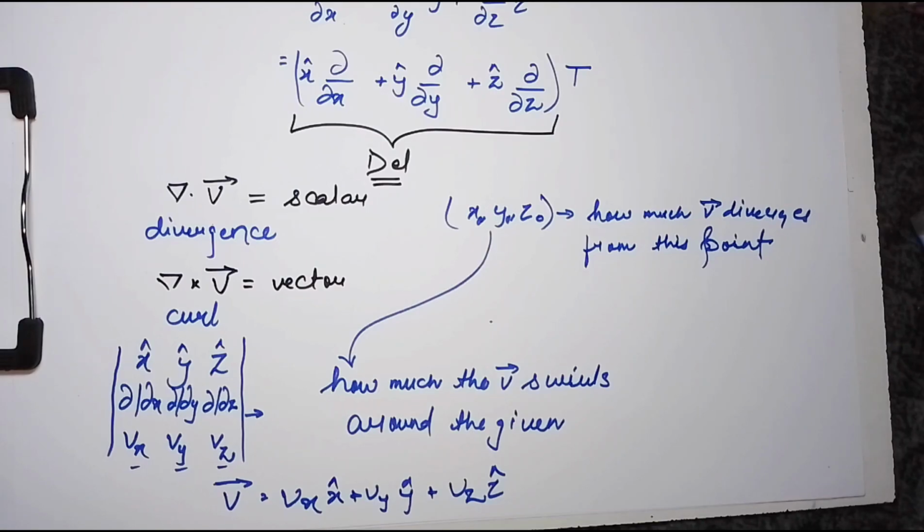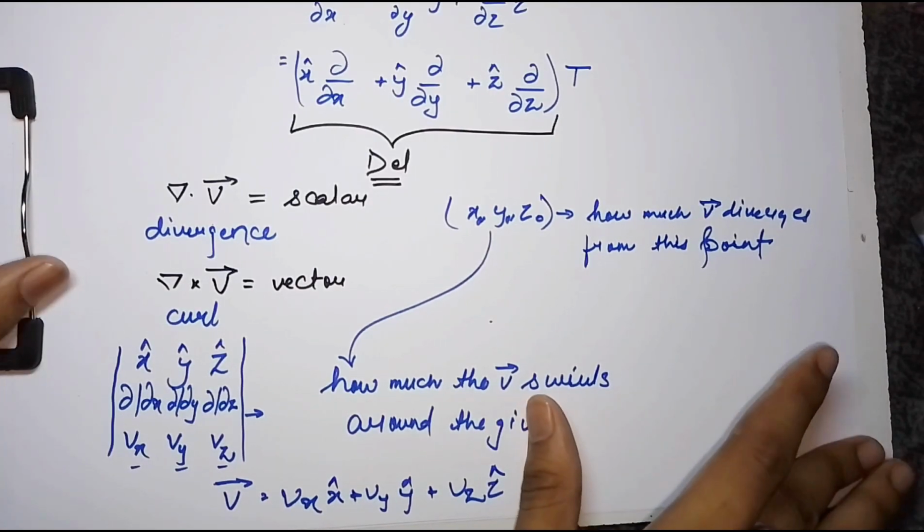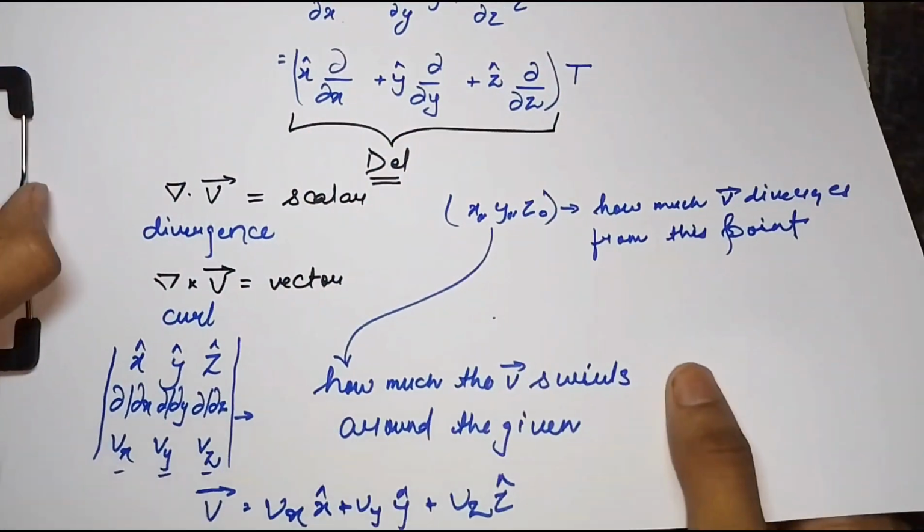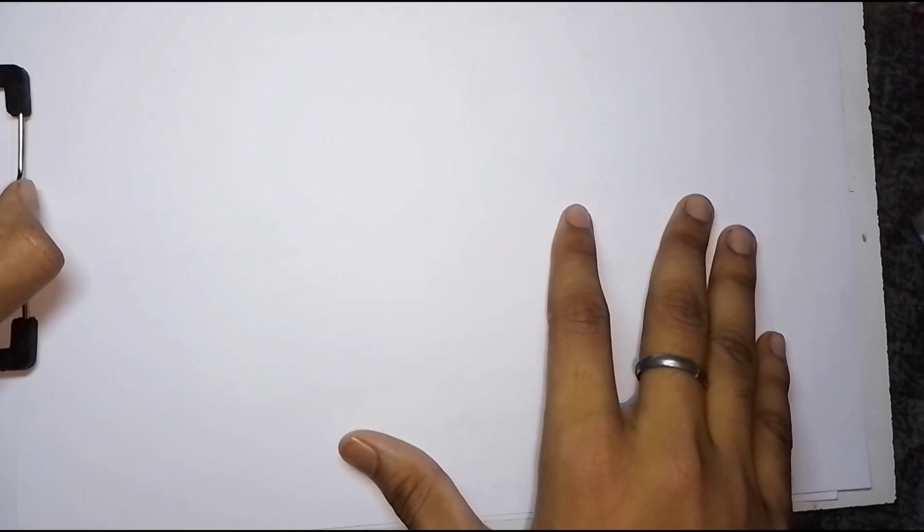Now let me ask you a question. Let me turn the page and there will be a question for you. The question is: find a vector function that has zero divergence and zero curl everywhere.